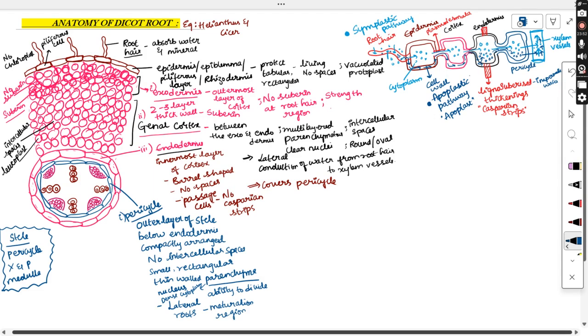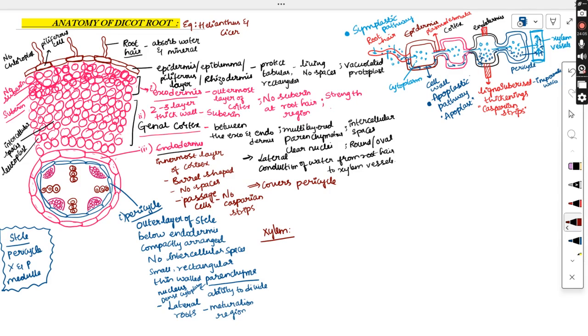Below this pericycle, we have the vascular bundle. So let us go with the xylem. I'm just mentioning it here. The xylem is of two types: primary xylem and secondary xylem.